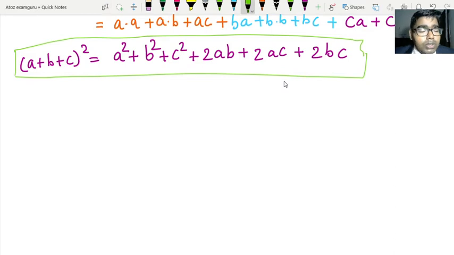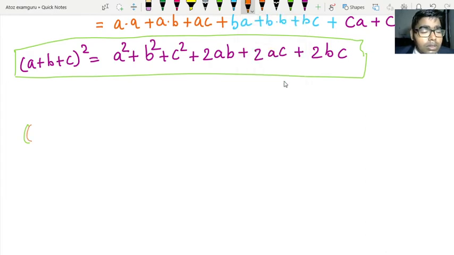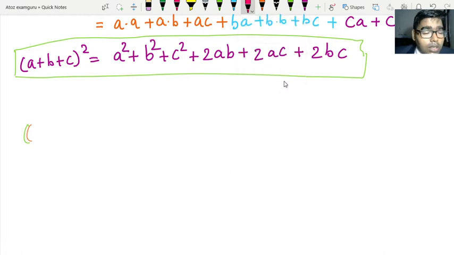The next expansion, friends, is a plus 1 upon a whole square.